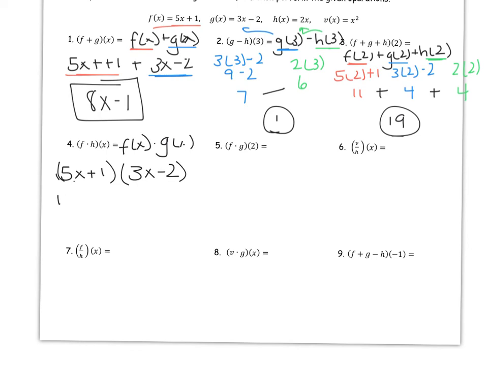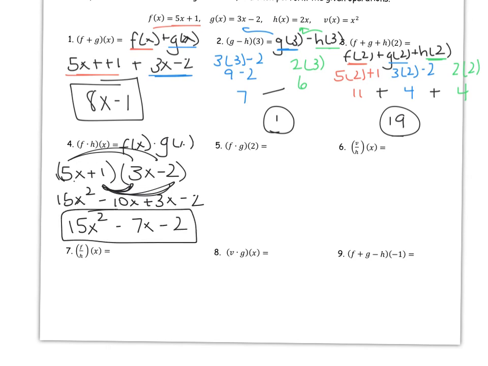I double distribute, or FOIL. 5x times 3x is 15x squared. 5x times negative 2 is negative 10x. 1 times 3x is 3x. And 1 times negative 2 is negative 2. So I'm left with 15x squared minus 7x minus 2. And I'm done.